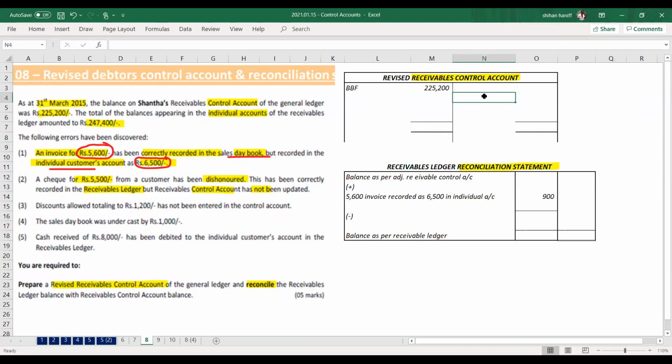If a check received from the customer is dishonored, is it a debit or credit in the control account?